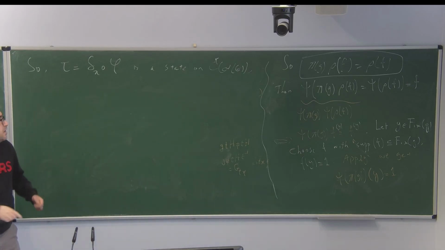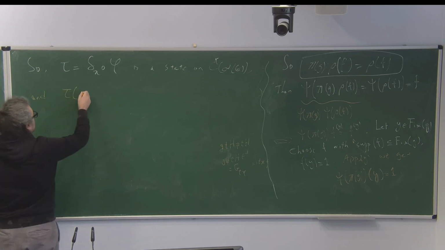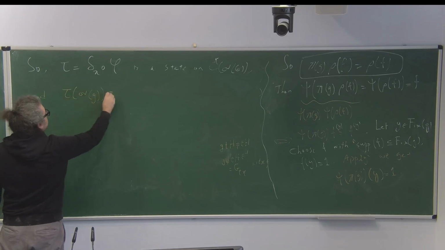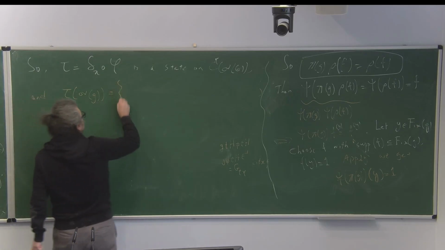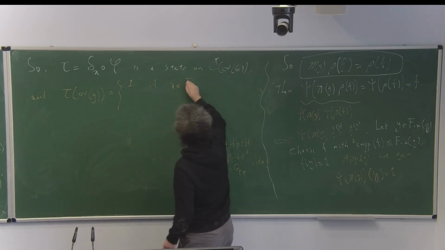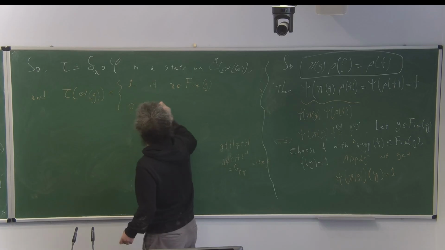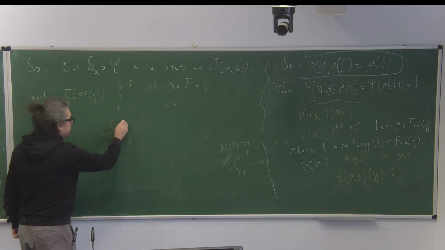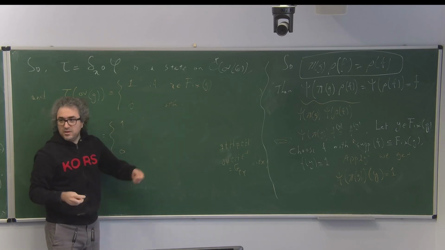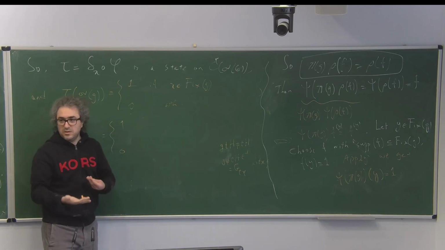Good. And what is the value on every g? Tau of sigma of g is, as we computed, either 0 or 1. And it is 1 if x is in the fixed points of g, and 0 otherwise. But what is this? X belongs to the fixed points of g. That's the same thing as saying that g is in the stabilizer of x.